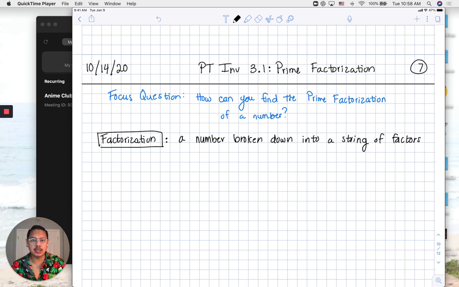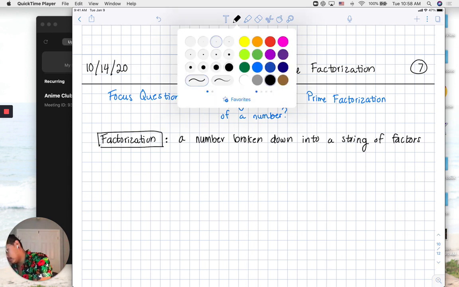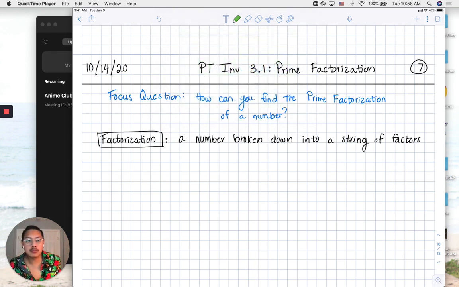And we're going to take a look at an example here. So there are many ways that I could write the number 24. When I find the factorization of 24, really what I'm doing is I'm rewriting this number as a multiplication problem.